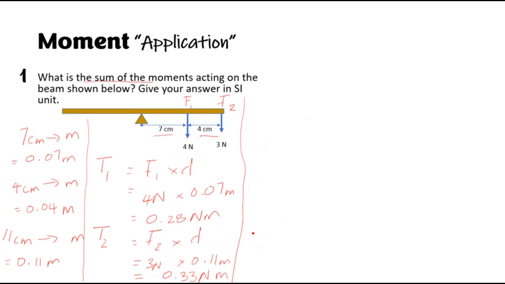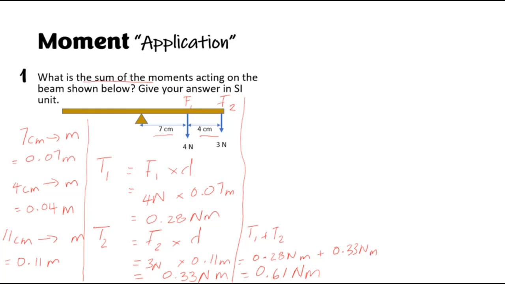Okay, so now we're adding T1 plus T2. So that would be the answer for the sum of the moments acting on this beam.